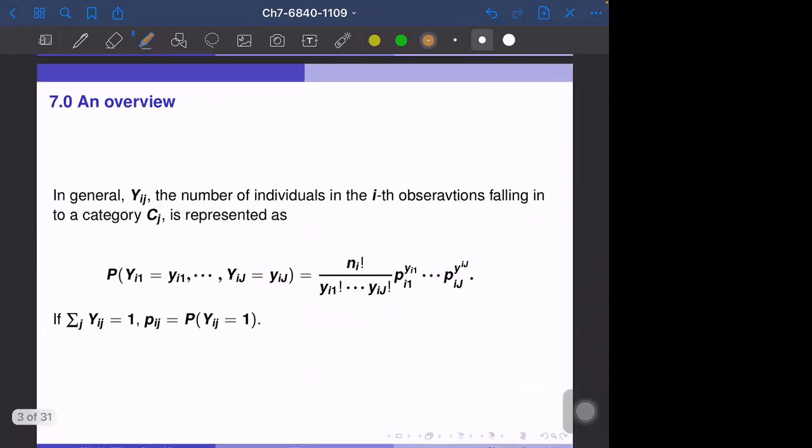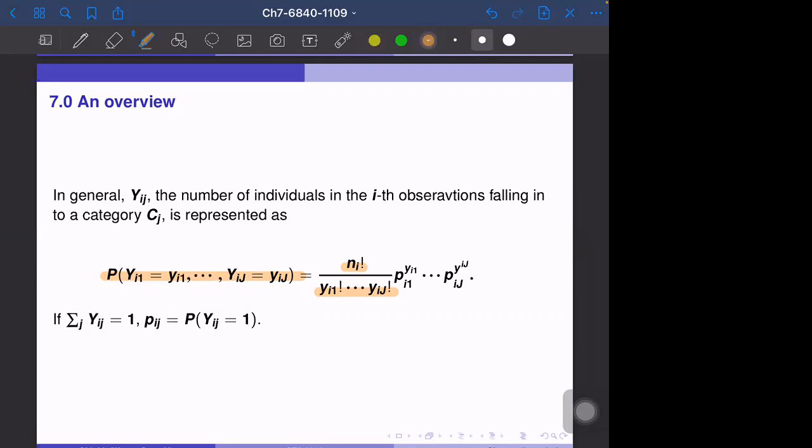In general, yij is the number of individuals in the ith observation falling in category j. The probability distribution of the yij is represented as this multinomial distribution: n_i choose yi1 to yiJ.